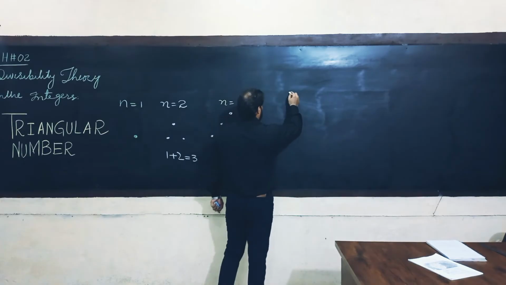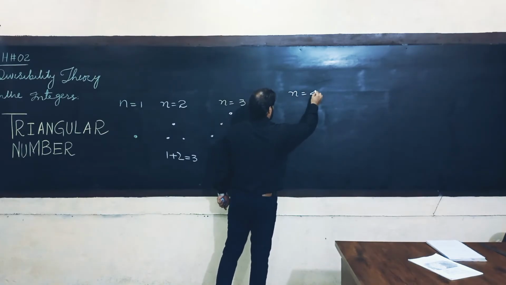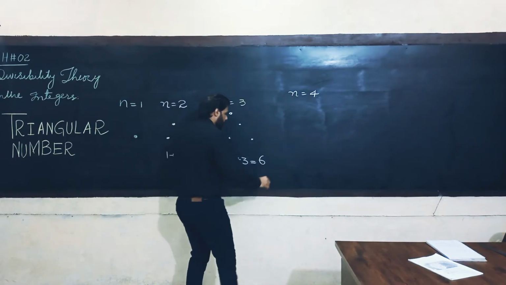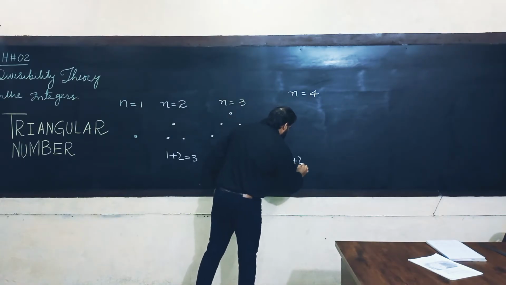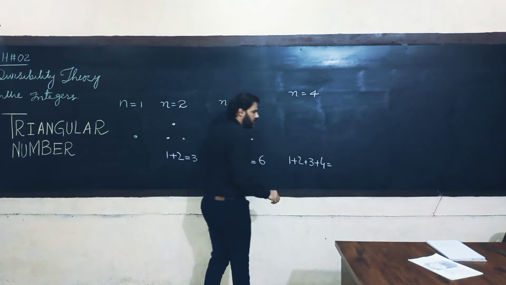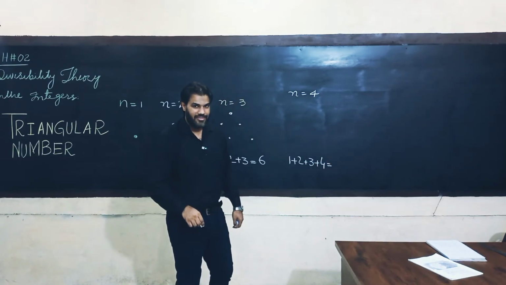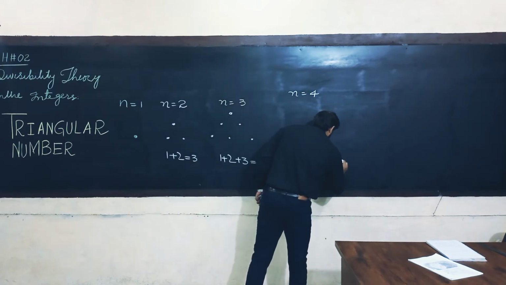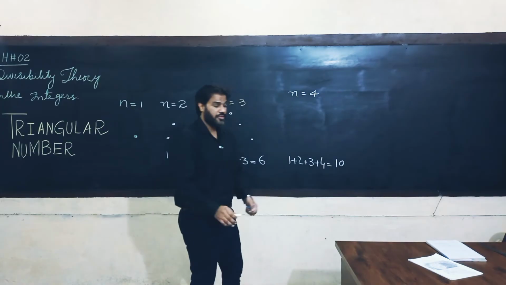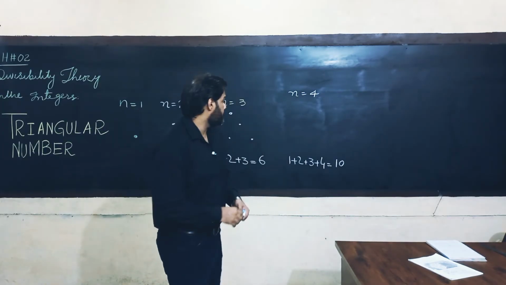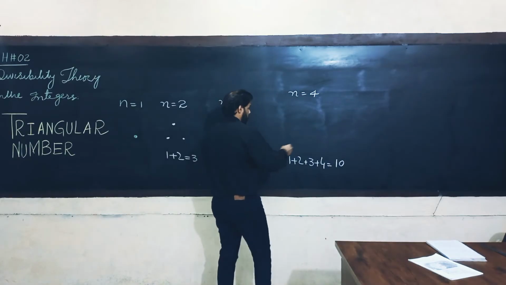In the case of n equal to 4, the number of dots is given by 1 plus 2 plus 3 plus 4, the sum of the first 4 natural numbers, that is simply 10. Now the equilateral triangle that we will make here consists of 4 rows, something like this.